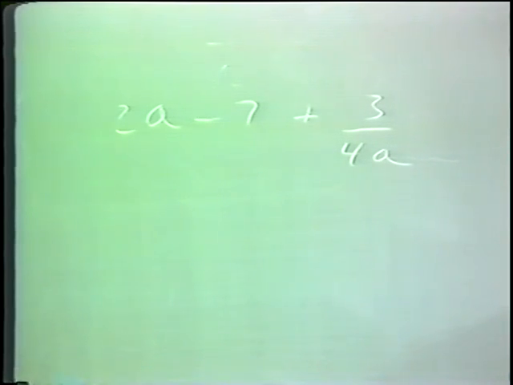Okay, Wong, did you get something? Minus 28 plus 3 over 4a. Say again? Minus 28 plus 3 over 4a.